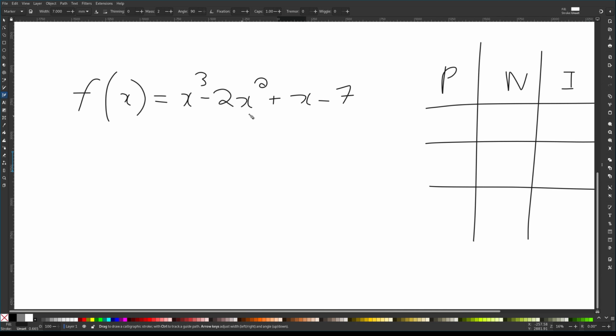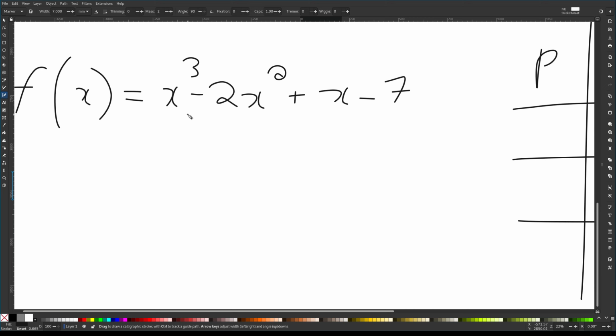Okay. So to find the number of positive zeros, we're just going to count the number of sign changes. And that's going to be your number. Here we have 1 sign change from positive to negative, from negative to positive, that's another sign change, and from positive to negative. So 3 total sign changes.